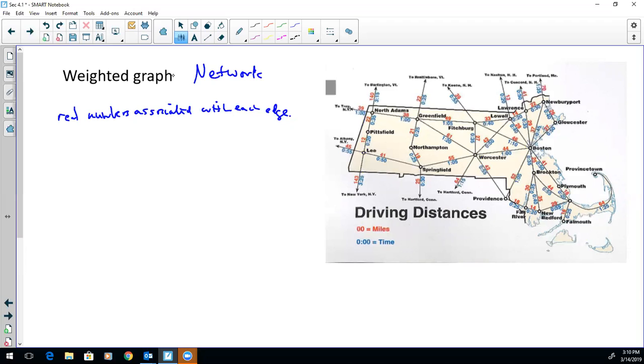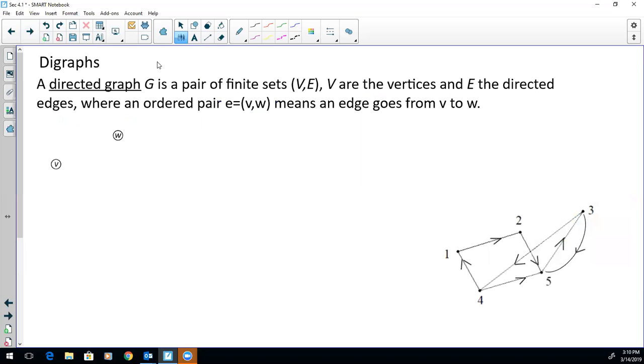Okay. Now, a directed graph is, it's a graph, sort of. You have finite sets, V and E. V are the vertices, and E are the directed edges, where an ordered pair, E here, this is not a set {V, W}, this is an ordered pair. (V, W) means that edge goes from V to W. Think of it as an arrow.